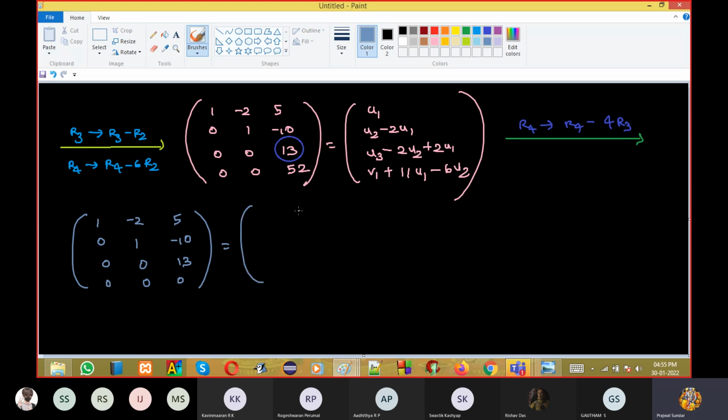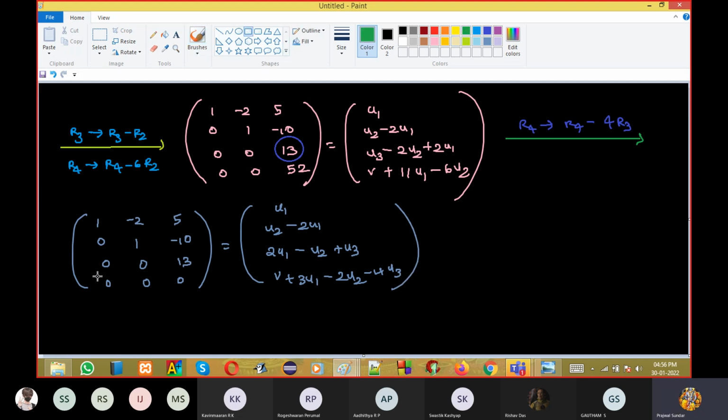This will be equal to u1, u2 minus 2u1, 2u1 minus 2u2 plus u3, and here you will get v plus 3u1 minus 2u2 minus 4u3.